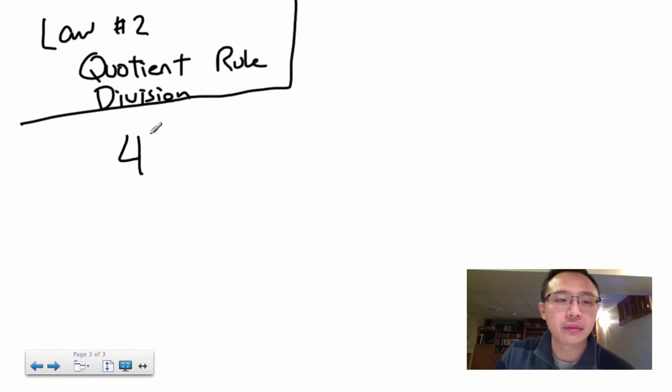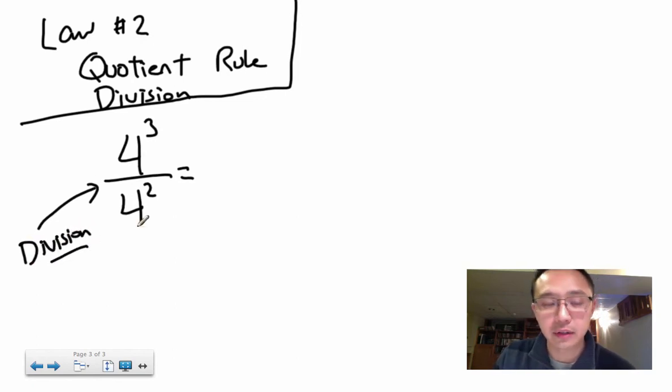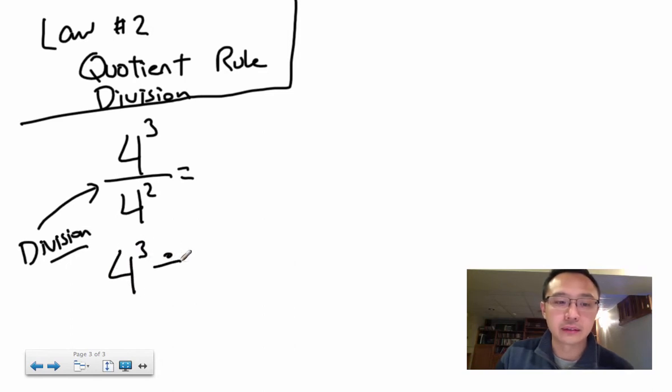So if you have a base of 4 to the power of 3 over 4 to 2, remember, fractions means division. So your fraction line means division. This can also be written as 4 to the power 3 divided by 4 to the power of 2. Exactly the same thing.